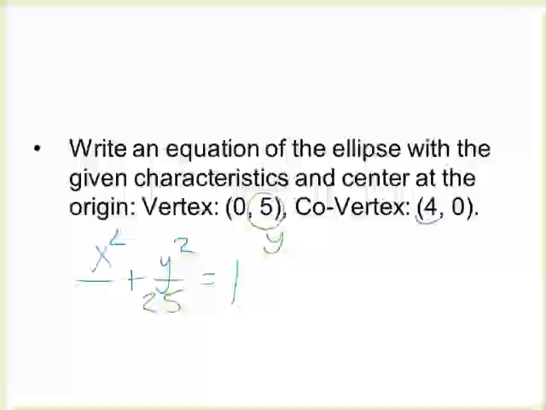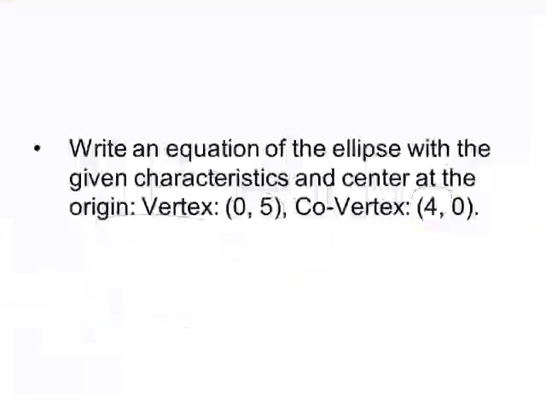We are given a covertex with a number in the x position. So likewise, we're going to square and put under the x. So if you're given your vertex and your covertex, you're really given what you need as soon as you square them. But if you're given your focus, you have a little bit more work to do.